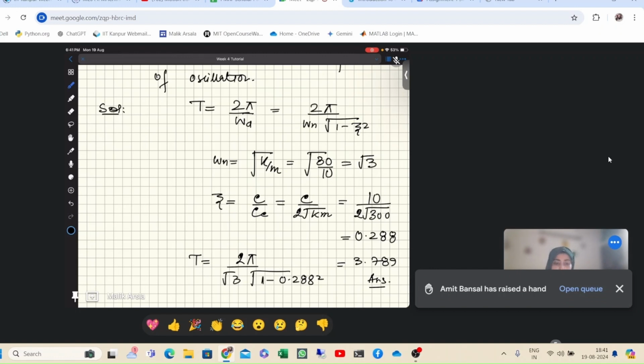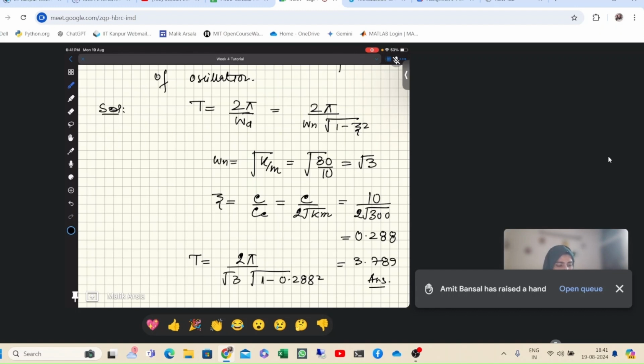Yes, Amit? Ma'am, in this question, the excitation frequency is 10 radian per second. So, ma'am, does it impact the frequency of the system, the time period of the system?